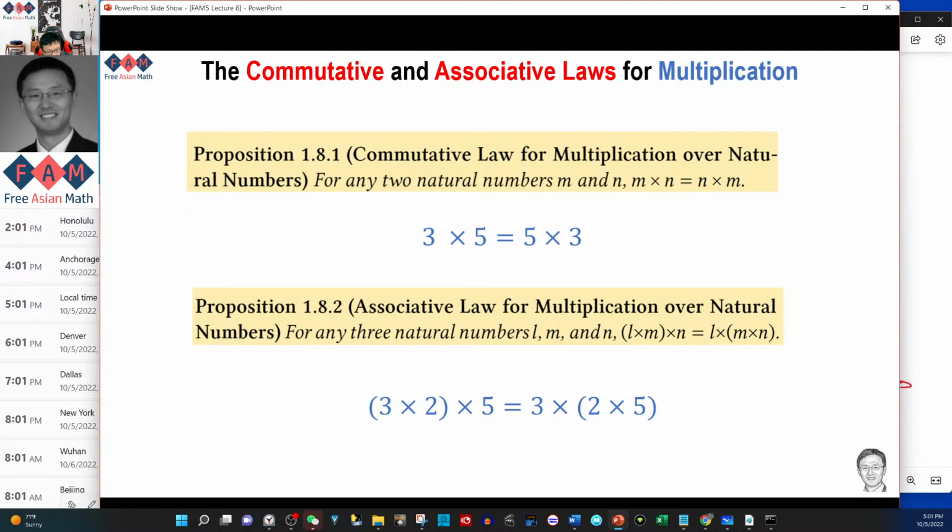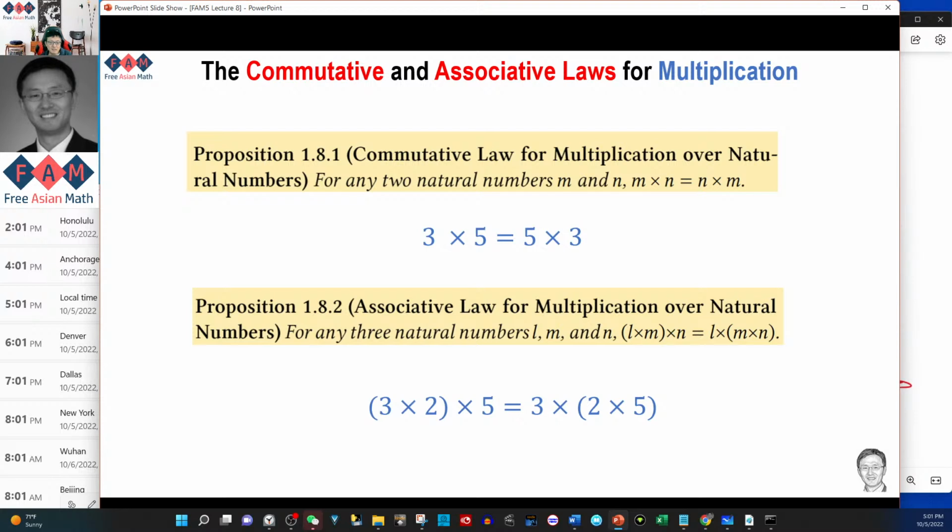You perform 3 times 2 first, and use the result of that operation as the first number, the multiplier for the second multiplication. So 3 times 2 first, then times 5.